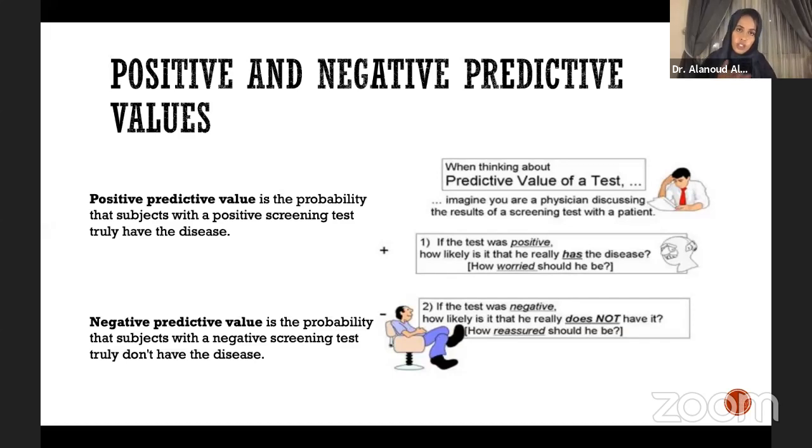And you can see the denominator here is different than the denominator of sensitivity and specificity. The denominator and the condition is the test. And negative predictive value, what is the probability of me not having breast cancer given I test negative?